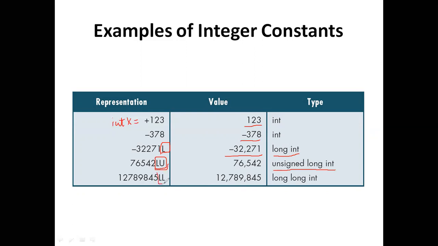And at the end of the value, if you indicate LL, you treat the value as a long long. These values, such as 123 and minus 378, are called integer constants.